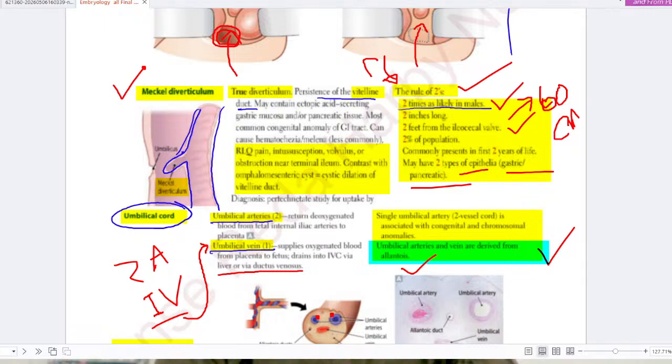Just read. Yes, madam. What happened? I'm fine. What happened? Some discharge coming.